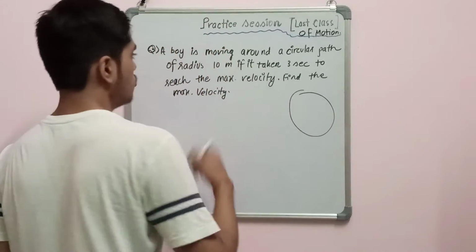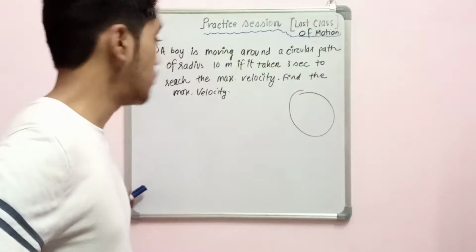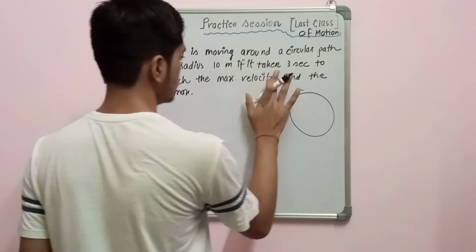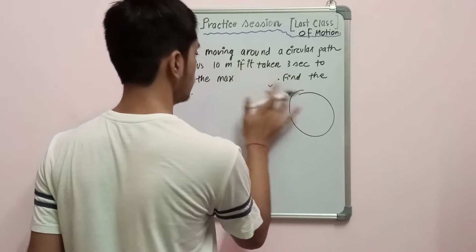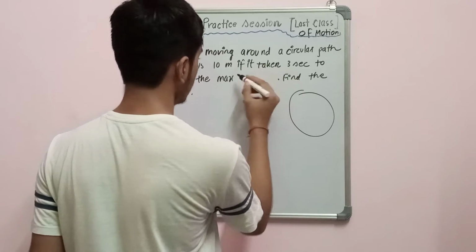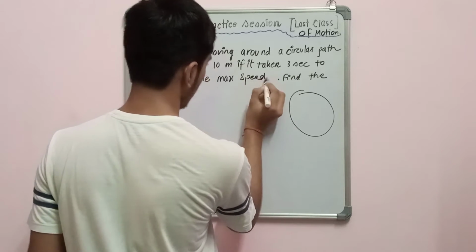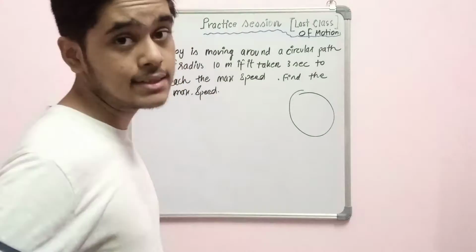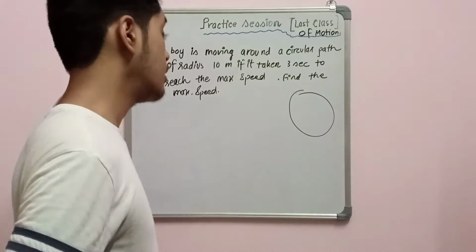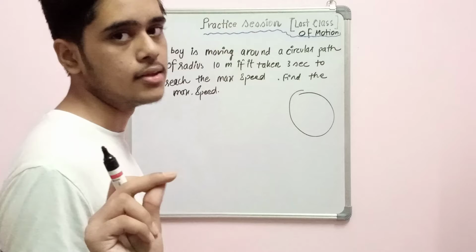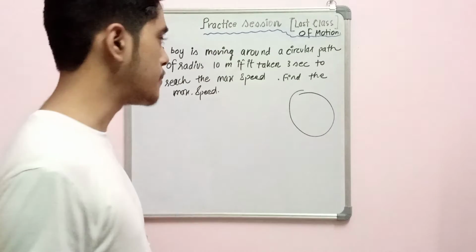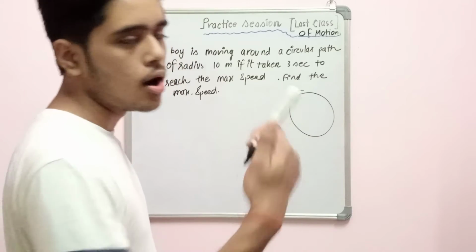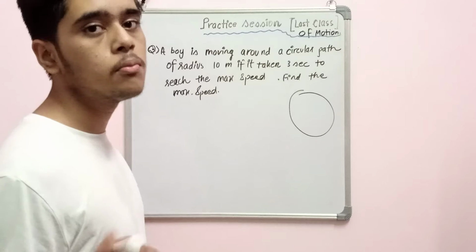Here I don't want direction, I want speed, the maximum speed. For speed we need distance and time. The distance in a circular path is equal to its circumference, that is 2 pi r. This is basic math and you should know it.